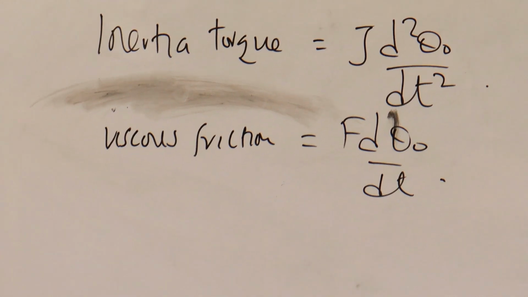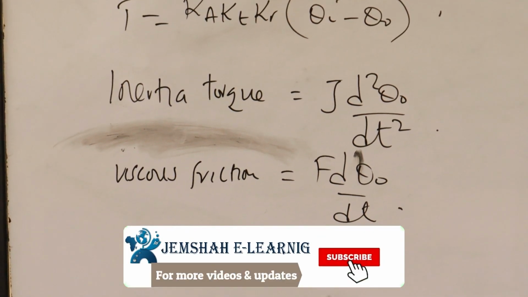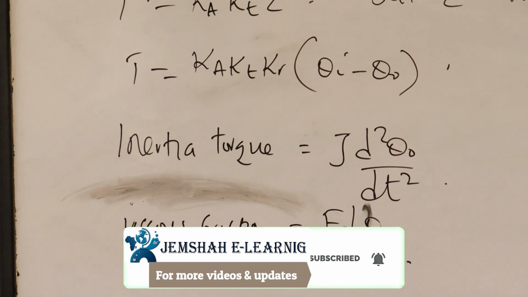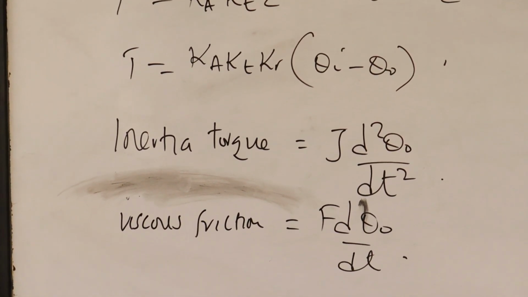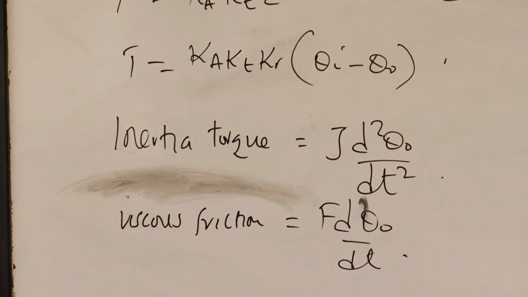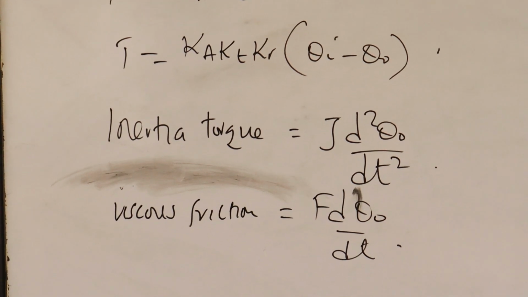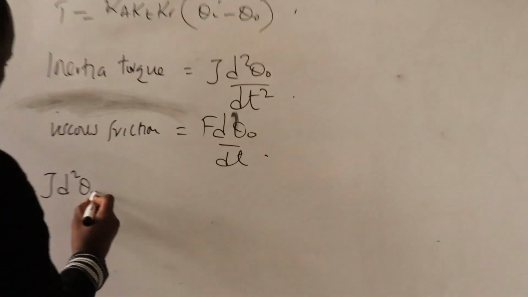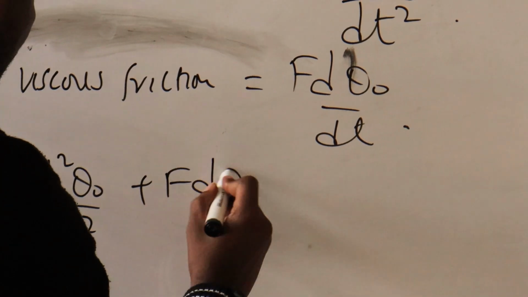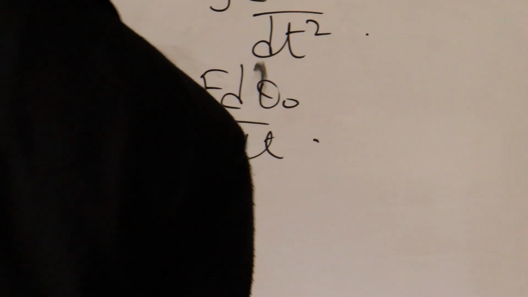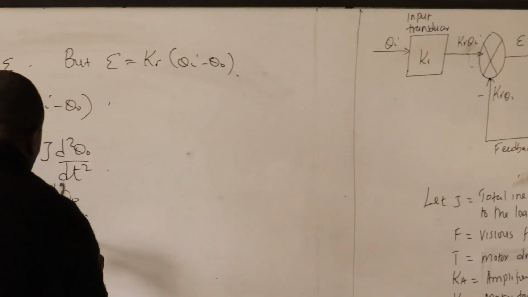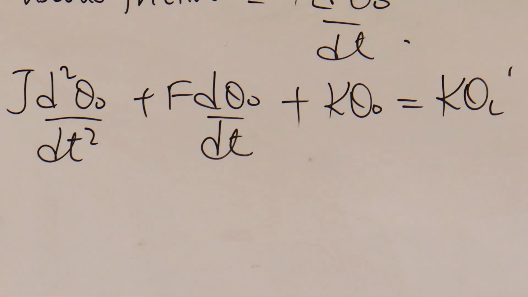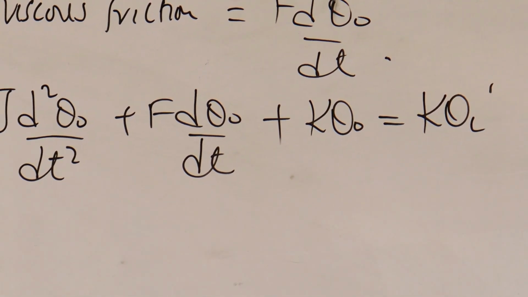From these elements, we can see that J d squared theta naught all over dt squared plus f d theta naught all over dt plus K theta naught is equal to K theta I. So that is the same as K theta I.